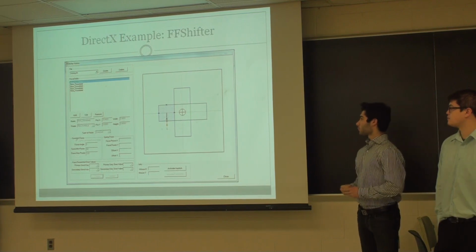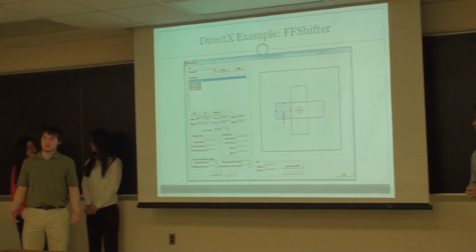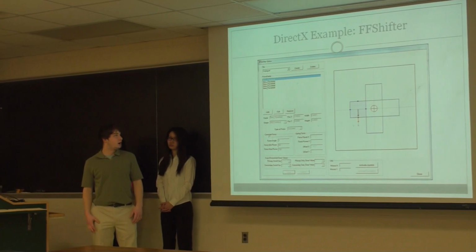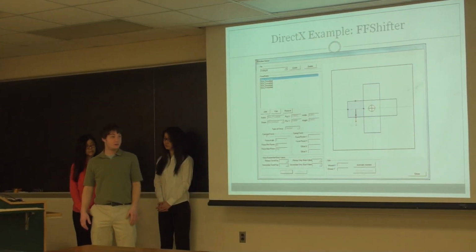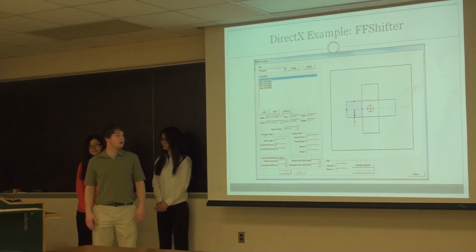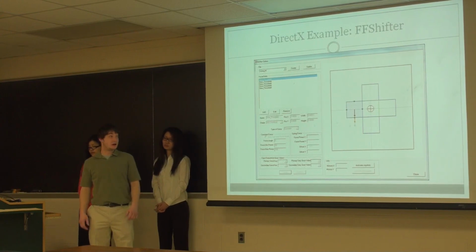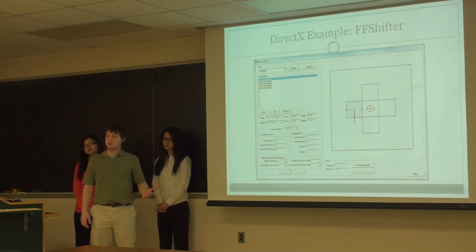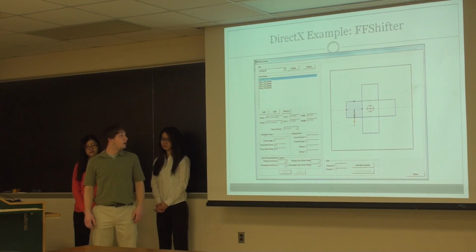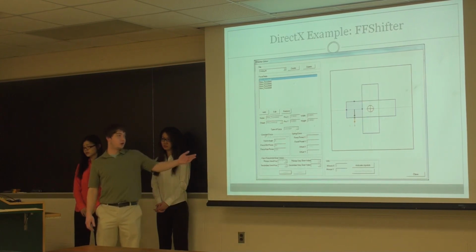All right, here's an example of software that was developed using DirectX libraries. It's called FF Shifter. It's developed by a gentleman named Andres Panos. It's freeware. You can download it for free online. Basically, what he wanted to do is create software that would allow him to easily simulate a shifter for a manual transmission on a car. So you can just draw in forces.